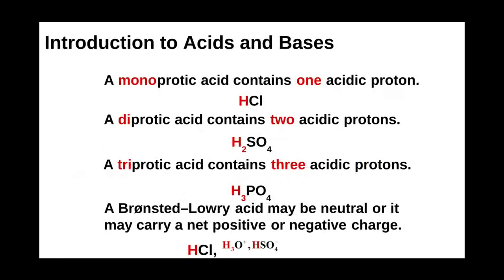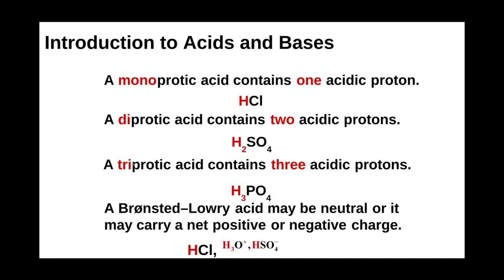Now, when we're thinking about what this physically looks like in terms of how many protons are being donated by an acid, a monoprotic acid contains a single acidic proton. In the case we have here, hydrochloric acid can only donate one acidic proton. A diprotic acid has two acidic protons, as you can see with sulfuric acid here, H2, so it can donate two acidic protons.